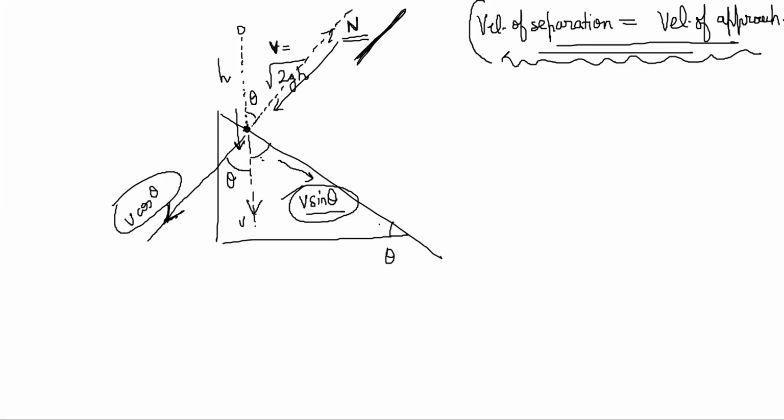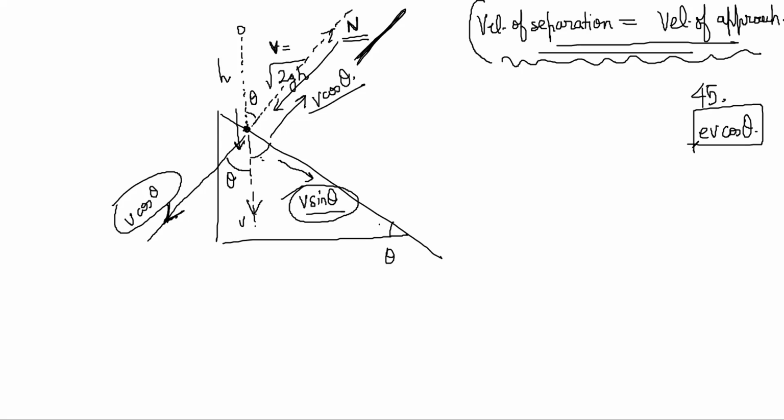Because velocity of separation is equal to velocity of approach for an elastic collision, after collision it will bounce back with v cos theta, because it was hitting with v cos theta. But in the second question, it will bounce back with e v cos theta, because there will be a coefficient of restitution, which is not 1 in the second question.